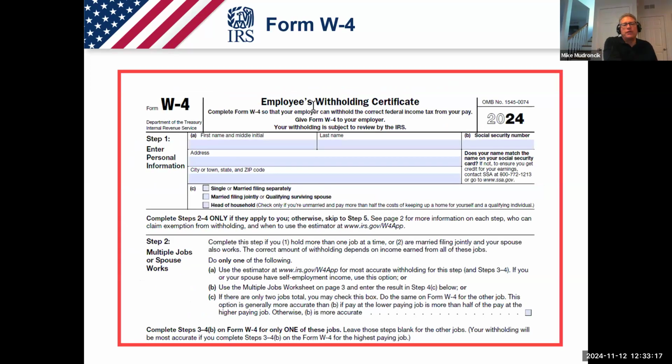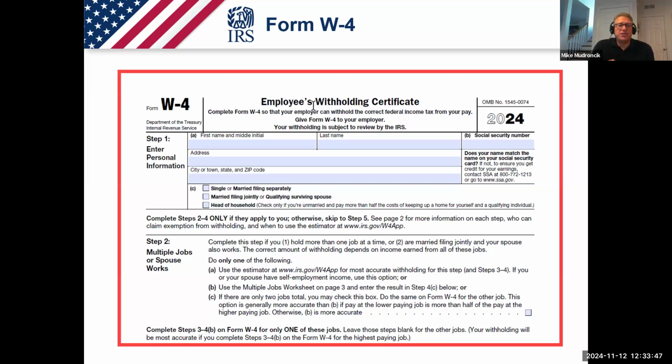To give you a visual of that Form W-4, this is the screenshot that I'm showing you right now. This is the first two steps of the Form W-4. Again, the employee is filling this out and submitting it to you. In step one, they're identifying their personal information.